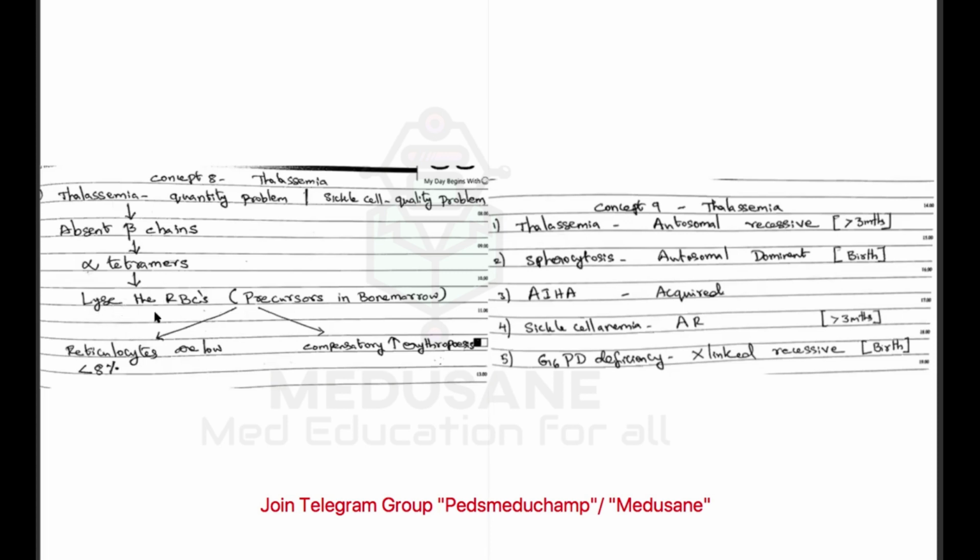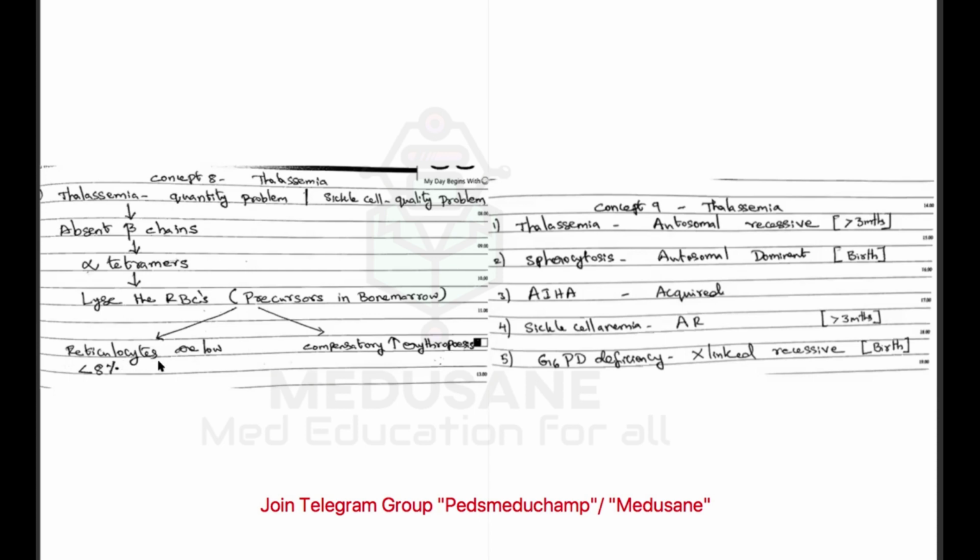And remember, this lysis is going to happen within the bone marrow. So it is not going to happen outside as in the immune hemolytic anemia. So the tetramers are forming in the precursors of RBCs. So the lysis is going to happen within the bone marrow. And since it is going to happen before the release of reticulocytes, reticulocytes are also not formed.